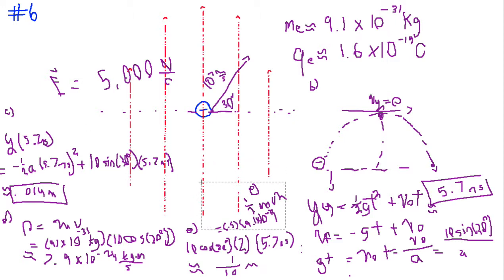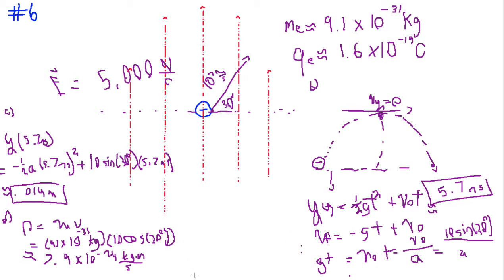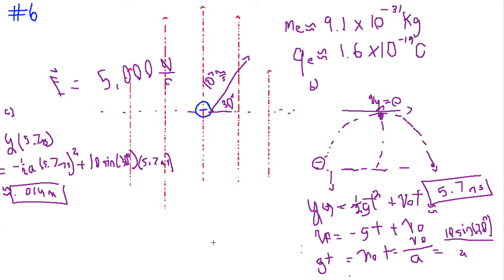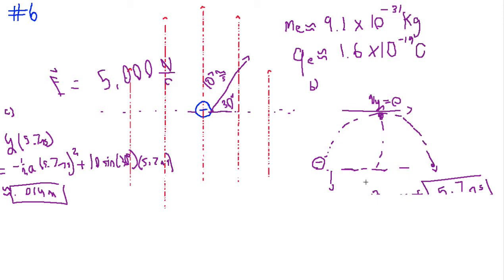So let me hold up a second and get space for this. Let me get rid of this here. So it's asking, on this path, what happens after 4.7 nanoseconds? We're just going to get our function for both y and x.